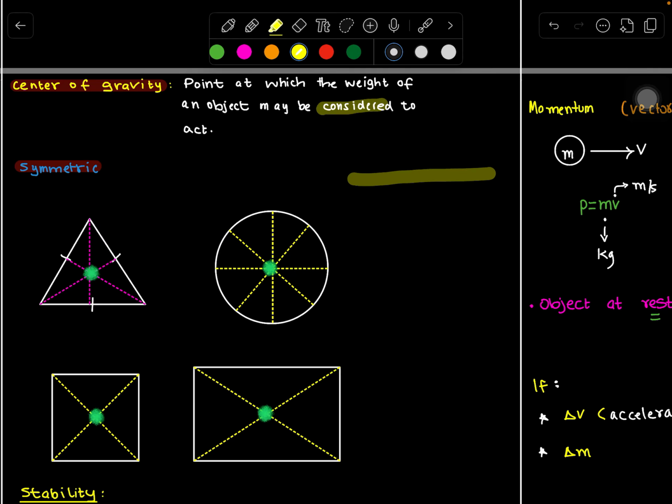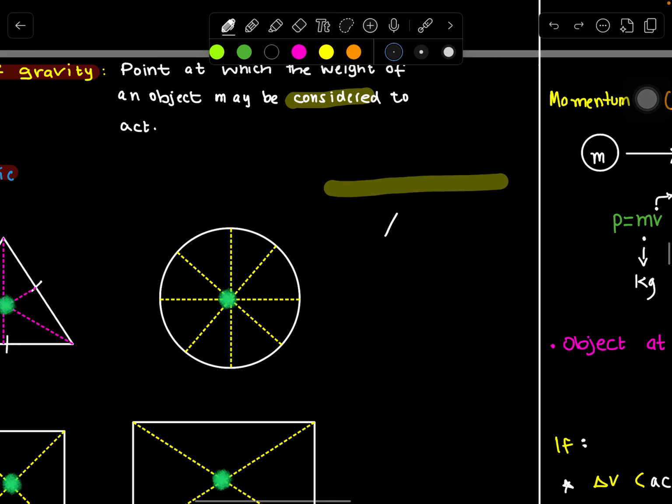So if you have this ruler and you place your hand here, let me just draw a finger here. I was trying to draw a nail as well. So a nail, okay. Now, you balance it.